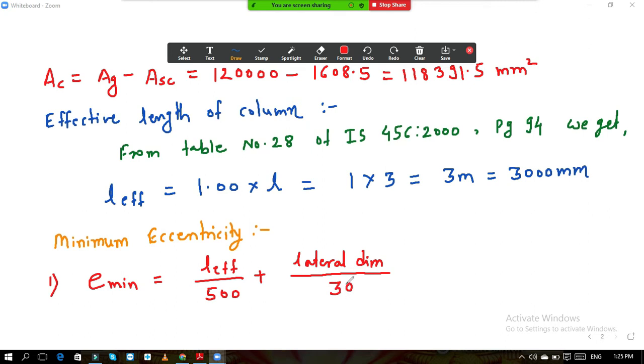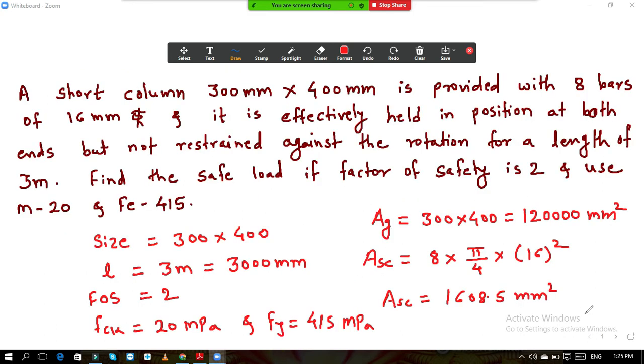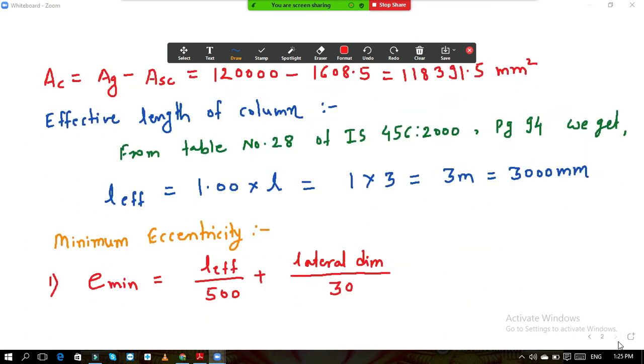Now just put the values. Here your column is a rectangular column with 300 mm by 400 mm. So this is your B, this is D. We need to take both the values one by one.